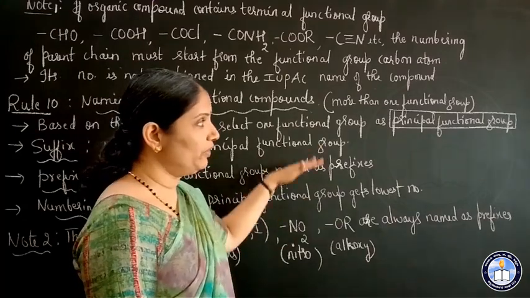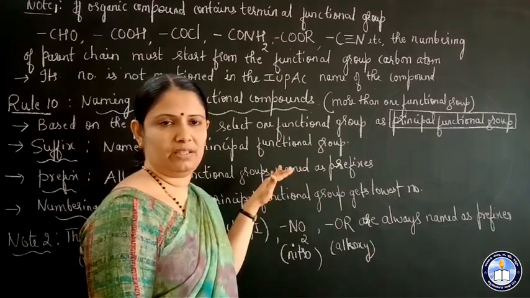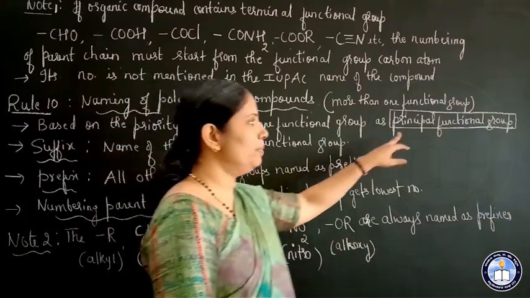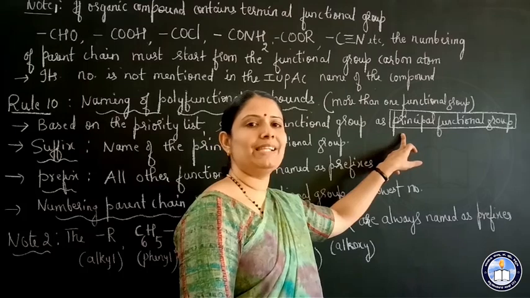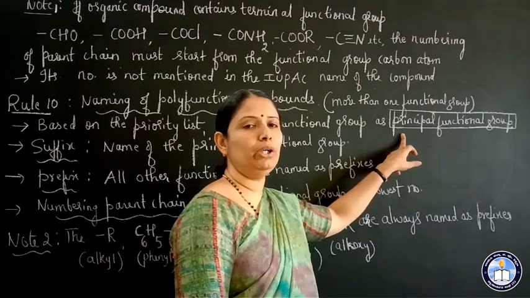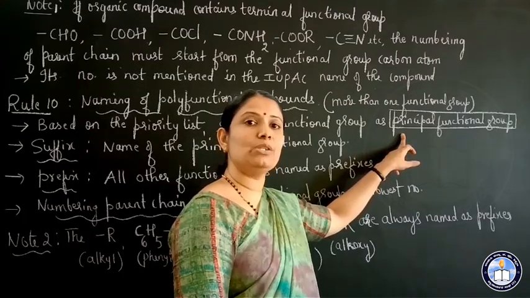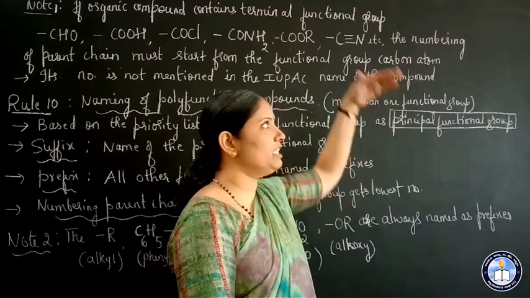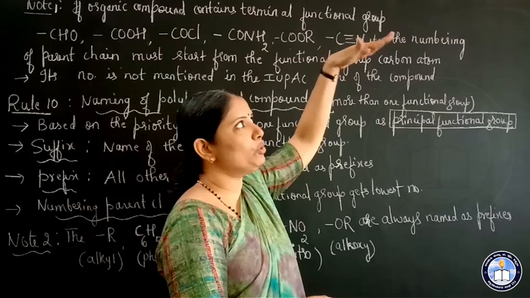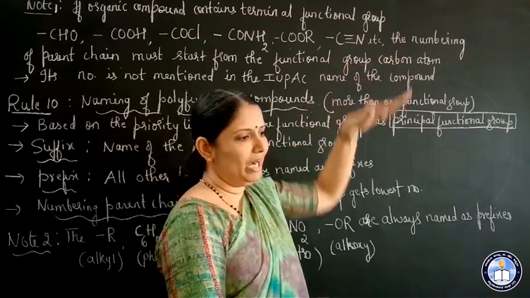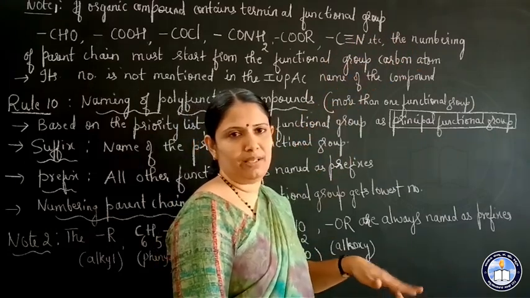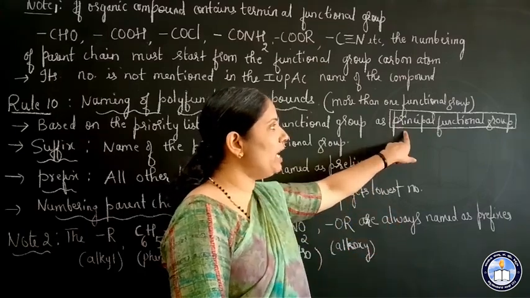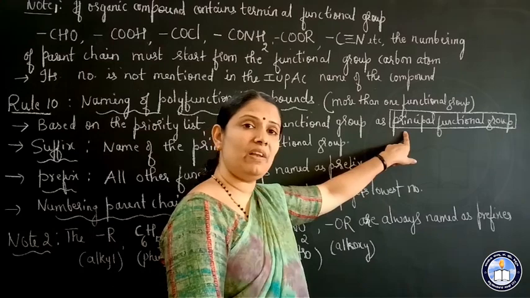So you have to refer to the priority list in order to select one of the functional groups as the principal functional group. For example, in an organic compound you have two functional groups, OH and COOH. If you see the priority list, the COOH group is on the top and the OH group is below that. Among these two functional groups, the COOH group will be the principal functional group.